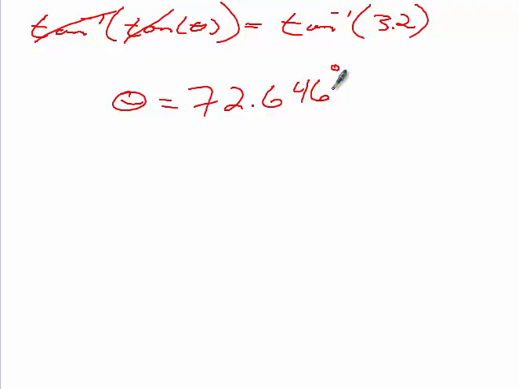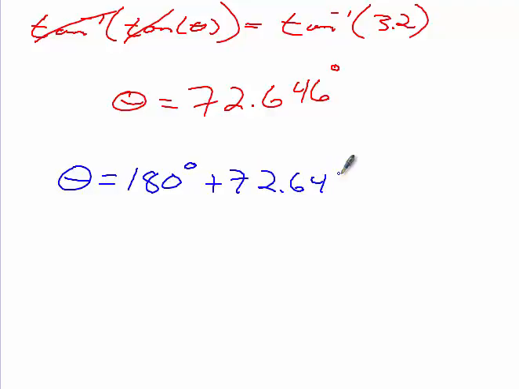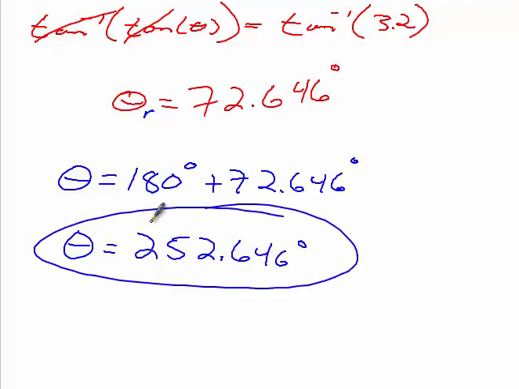So my actual answer is going to be the 180 degrees, which is my x-axis bound, plus 72.646 degrees, because this is actually a reference angle for me in the third quadrant. So add these up, and you're going to get 252.646 degrees, and that is your answer, which is between 180 and 270.